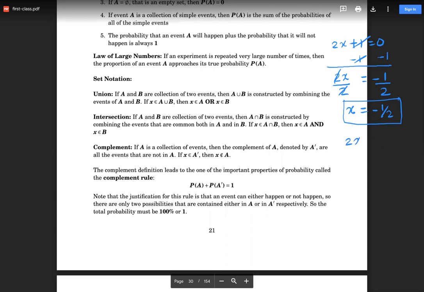So in the equation 2x plus 1 is equal to 0, this x is actually unknown. You don't know what x is, but you can solve for it. If you solve for it, you know that it's a fixed number, which is what? Negative 1/2. If you plug in x equal to negative 1/2 here, you'll see that the left-hand side will be 0, and so is the right-hand side. So it solves the equation.